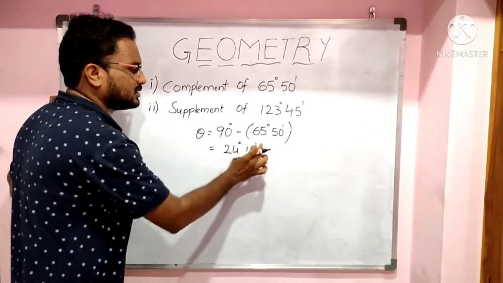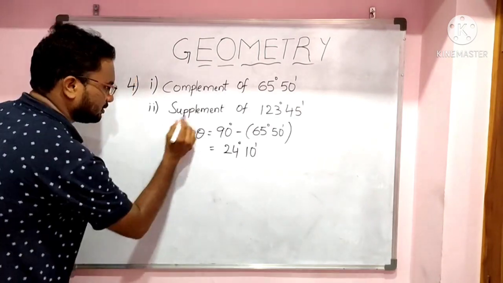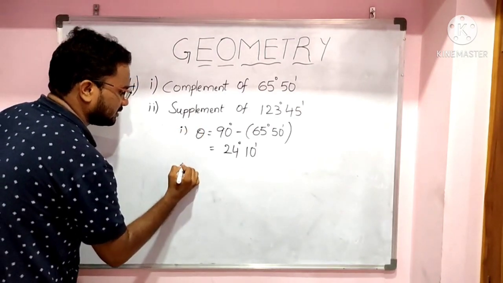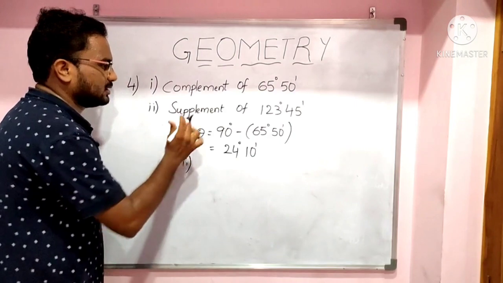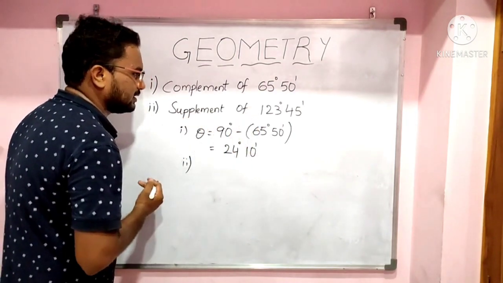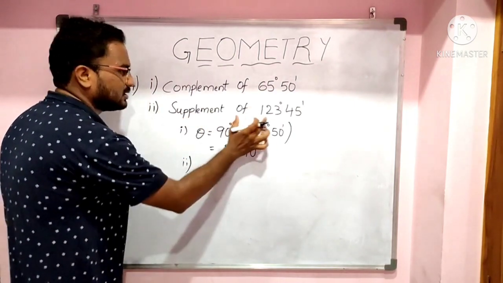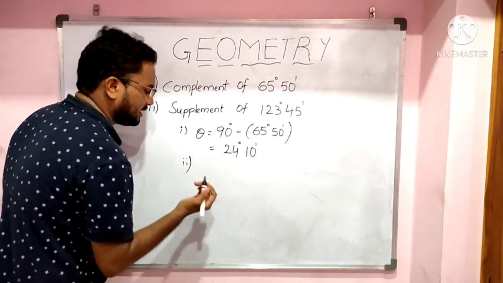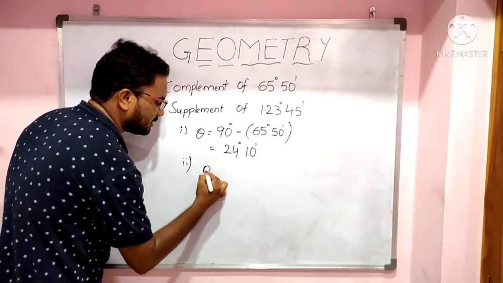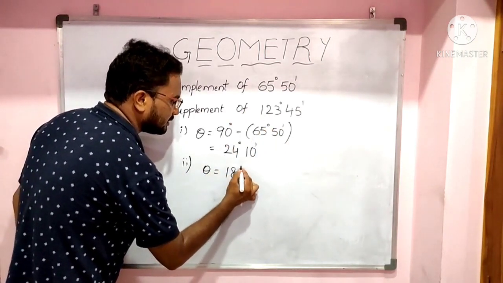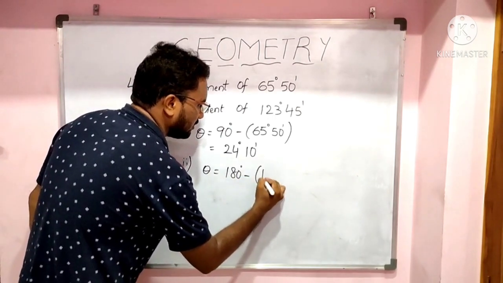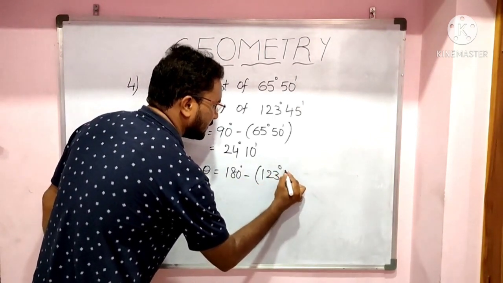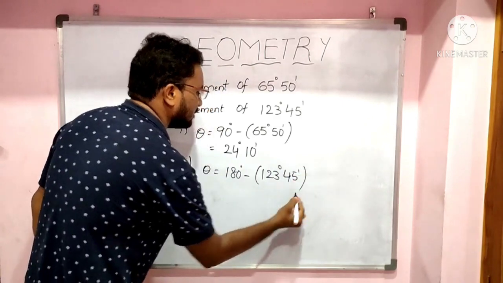This is the first one. Now the second one: supplement of 123 degrees 45 minutes. Supplement means the sum of the two angles should be 180 degrees. So the other angle is 180 minus 123 degrees 45 minutes.